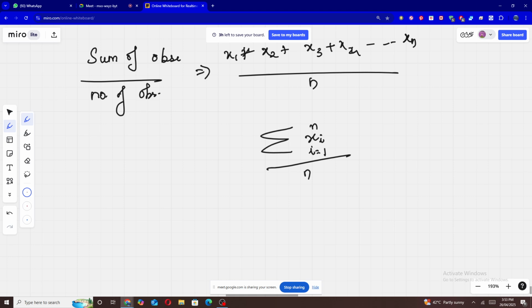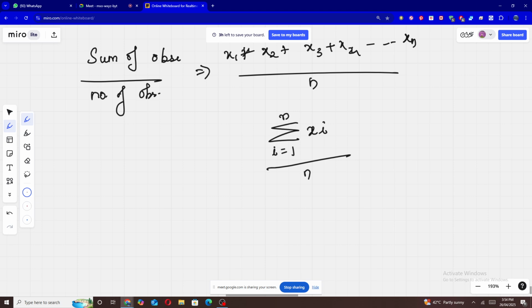I'm going to write it again. Sigma xi, where i is equal to 1 till n, divided by n.